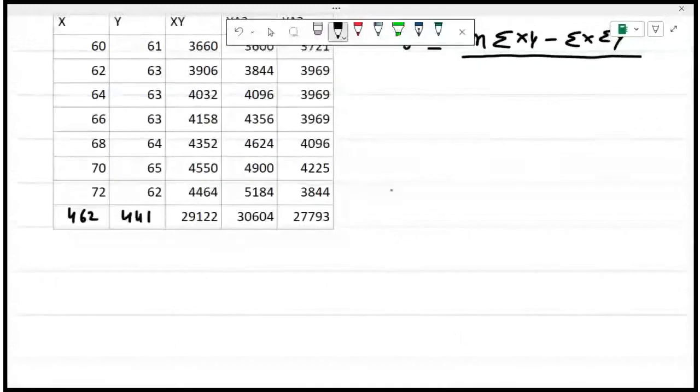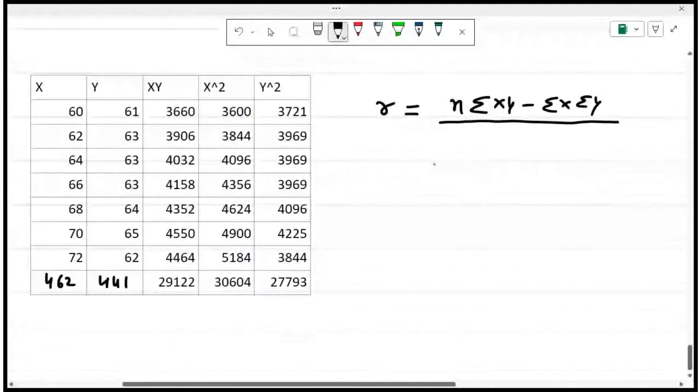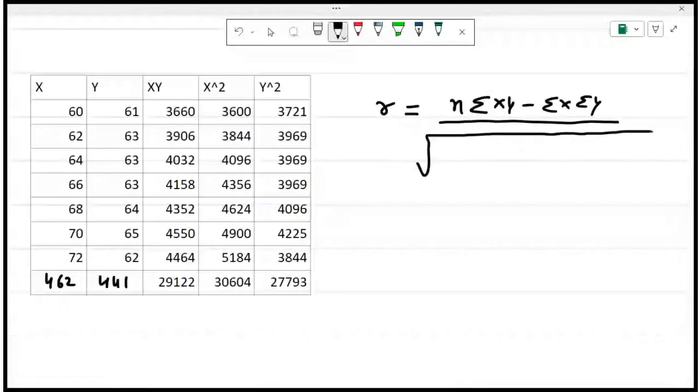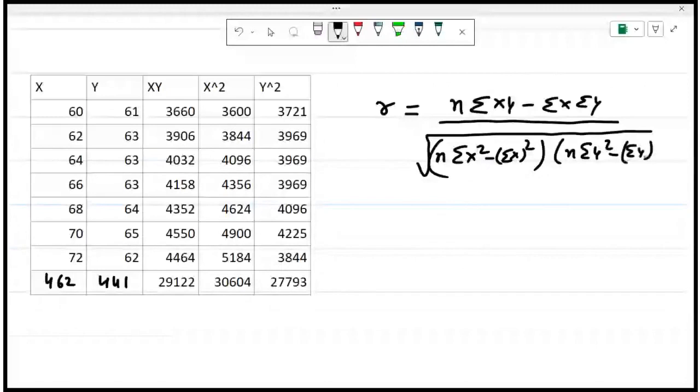Divided by under root of n into sum of x square minus sum of x whole square, multiplied with the same type of term in y: n into sum of y square minus sum of y whole square. Now we will put these values in the formula.